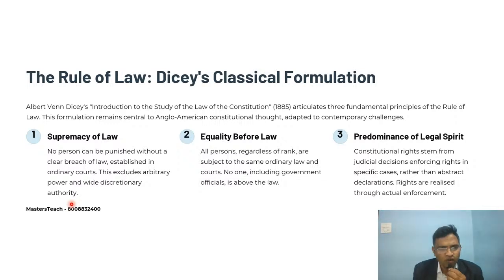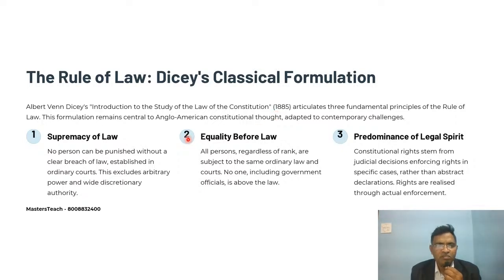So, the rule of law as per Dicey's classical formulation. Albert Venn Dicey, you have to remember the name of the book. He wrote Introduction to the Study of the Law of the Constitution, in 1885, which articulated the three fundamental principles of the rule of law.